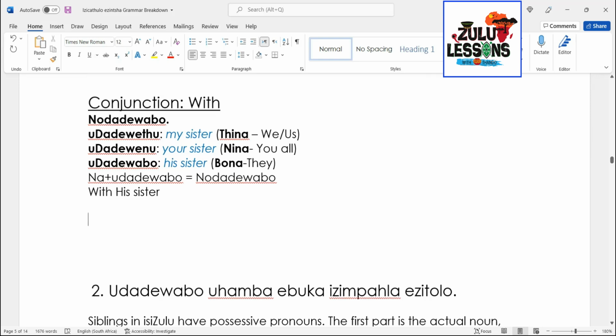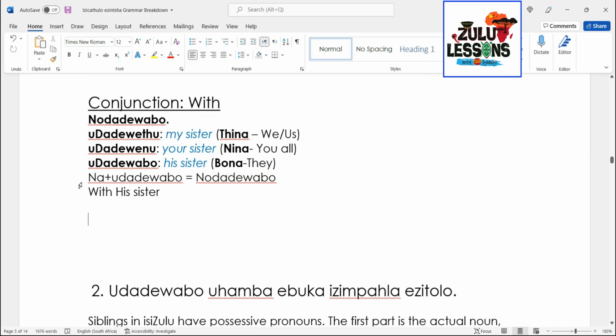The sentence that we're working on says, Usipho uya edolobheni nodadewabo. That last part is what we want to look at here. Nodadewabo. We know udadewabo is his or her sister. Udadewabo starts with the vowel u.